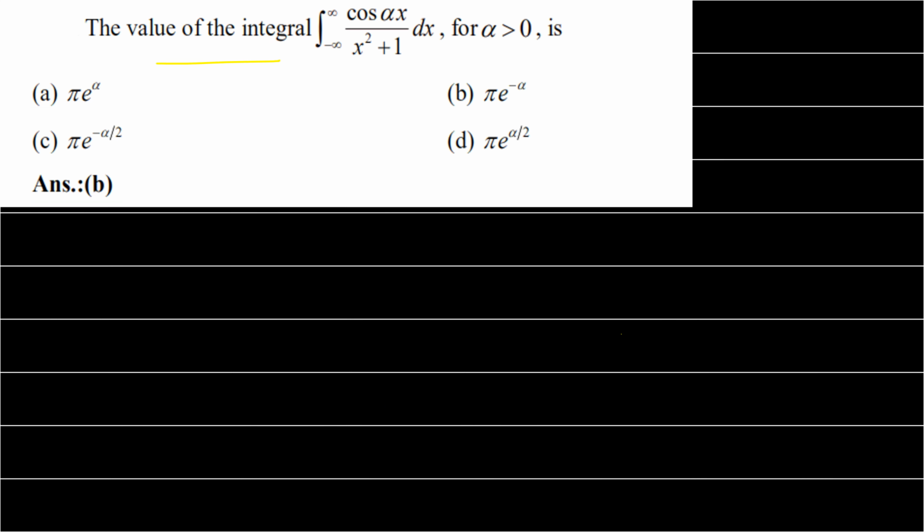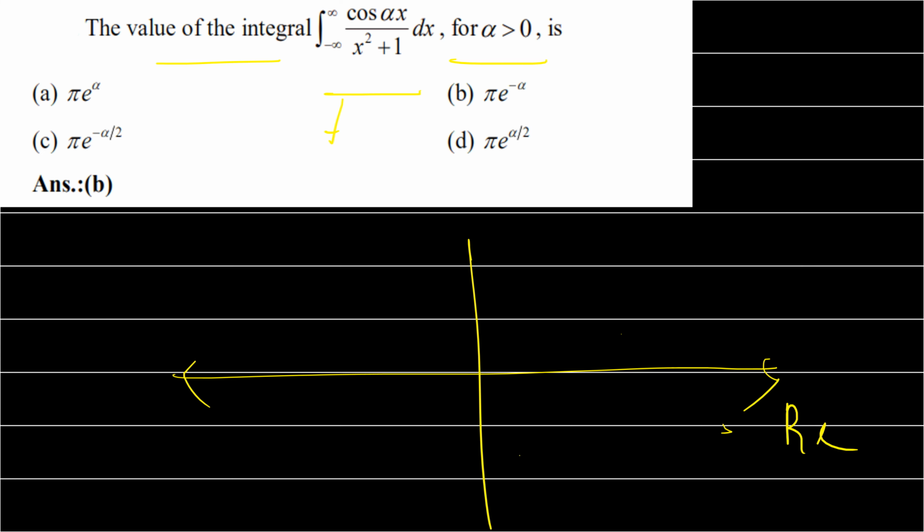Next, the value of this integral for alpha greater than 0. We will evaluate this using complex analysis, as this is a real integral part of complex analysis. So if we have an axis like this, this is the real axis, this is the imaginary axis.